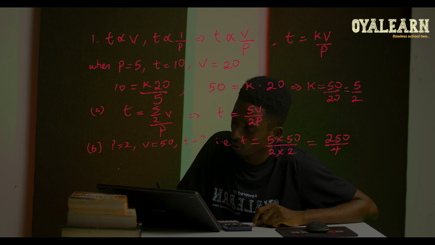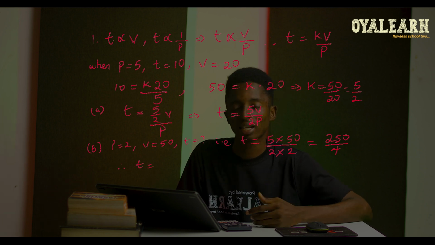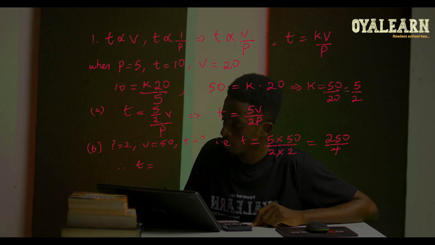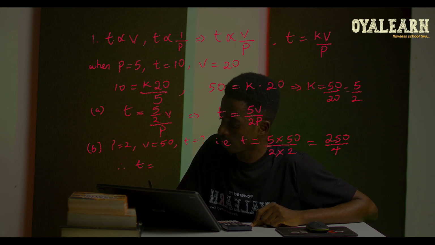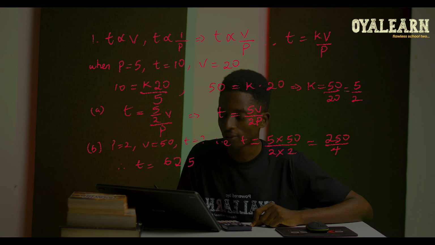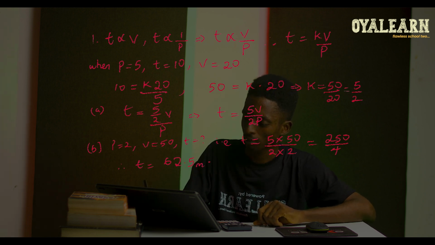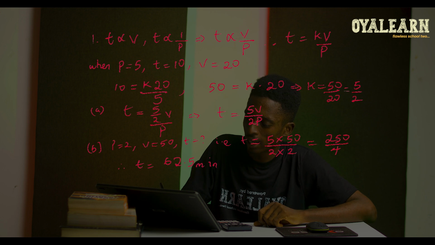Therefore, T equals, when we divide 250 by 4, 4 in 25 is 6, remainder 1, and then in 10, that is 2, so 0.5. So we have 62.5 minutes. And then C.